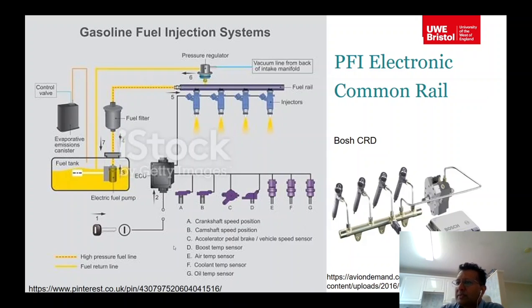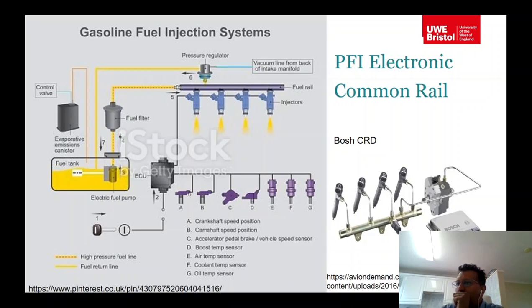So in the fuel injection system, you have a fuel filter, fuel tank, and there's an evaporative emission sensor connected to the fuel tank, and there's a pressure regulator as well.